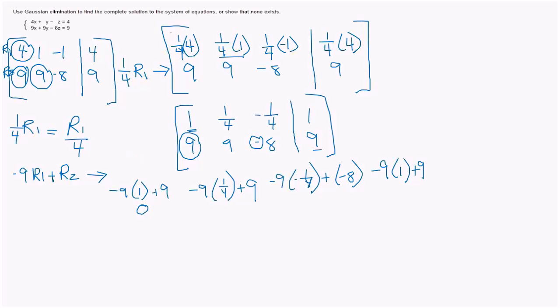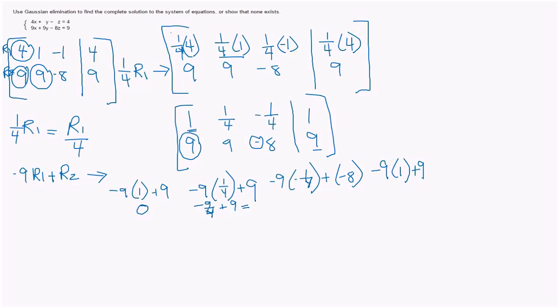-9 times 1/4 plus 9. So this one I'm going to have to do a little bit more figuring. So -9 times 1/4 will give me -9/4 plus 9. But I can't add those two together because they don't have like denominators. So I need to make them into equivalent fractions.